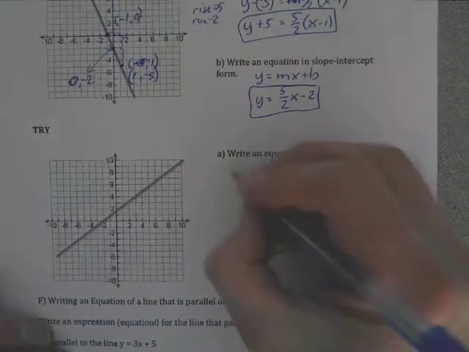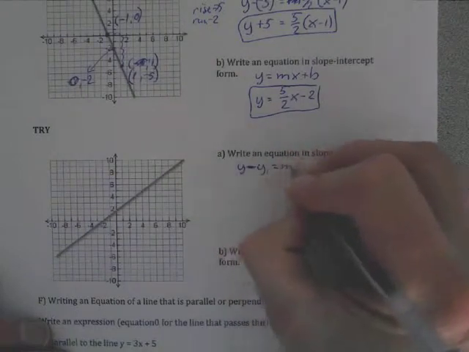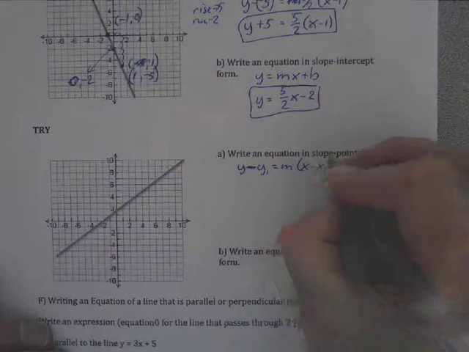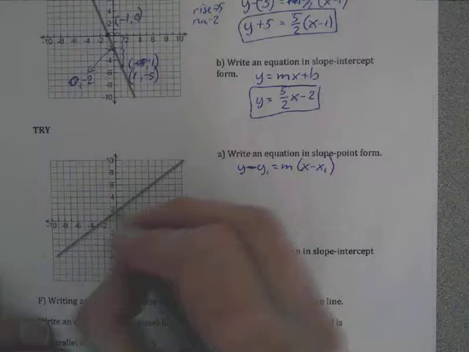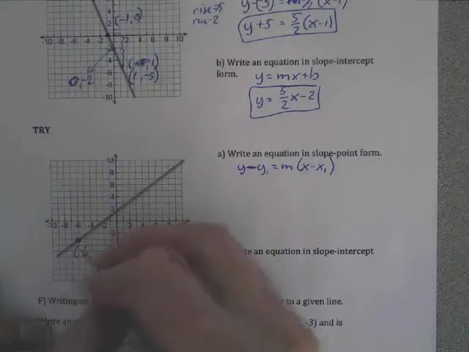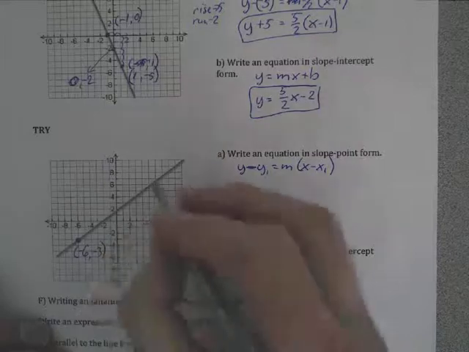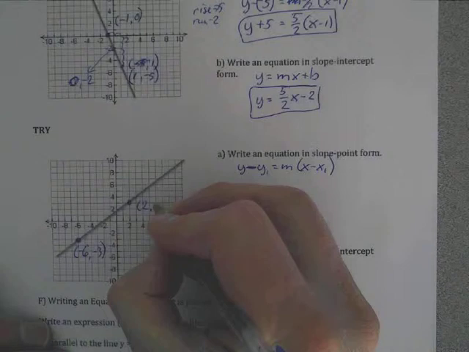So once again, y is slope form. Y minus y1 is equal to m times x minus x1. I'm going to take a point, looks like it goes through that point there, which is negative 6, negative 3, and it looks like it goes to that point there, which is 2, 3.